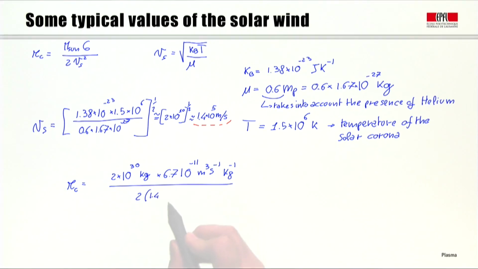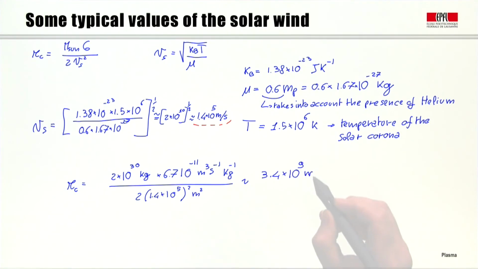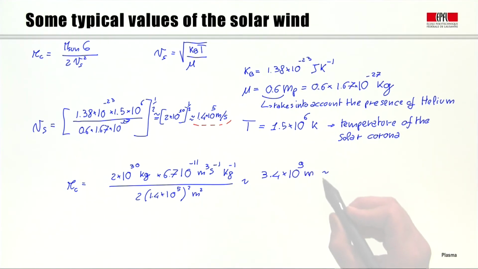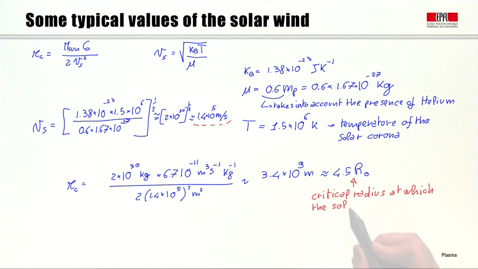We obtain that the critical radius RC is approximately 3.4 10 to the 9 meters, which corresponds to approximately 4.5 times the radius of the Sun. This is the critical radius at which the solar wind becomes supersonic.